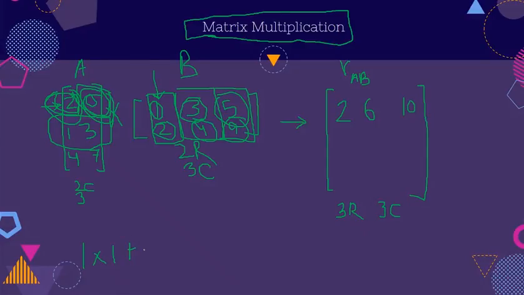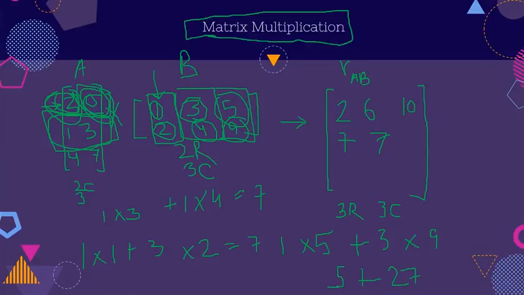We multiply 1 with 1 and 3 with 2 to get 1 plus 6, which is 7. Then it's 1 into 3 plus 3 into 4, which is again 7. Then 1 into 5 plus 3 into 9, which is 5 plus 27, giving us 32.